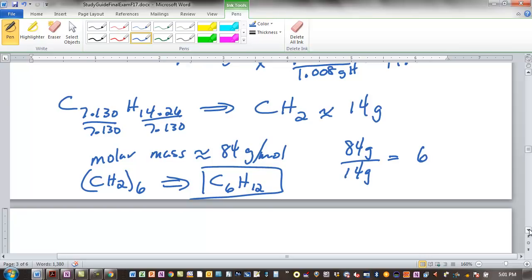Questions? Okay. So this would be the true formula of the compound. This could be hexane or cyclohexane or some molecule like that. That's the actual formula of the compound. But obviously, if we want a simpler ratio, we could divide by 6 and get CH2. Okay?